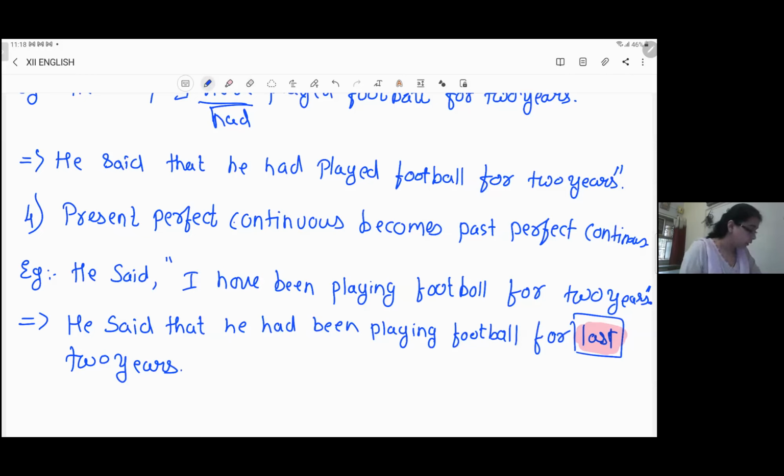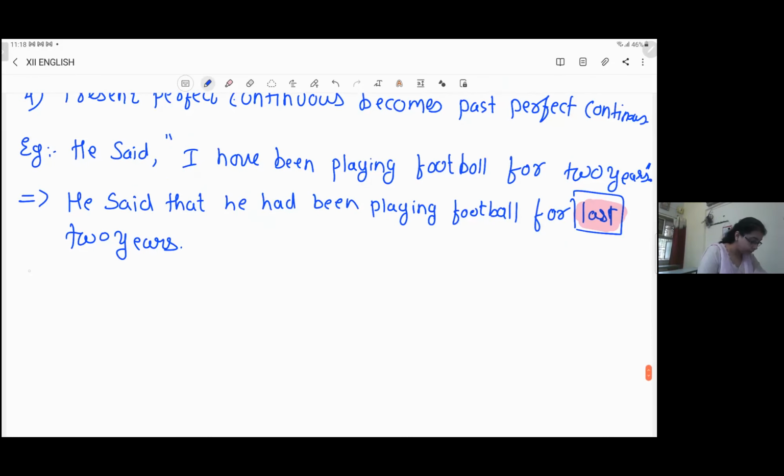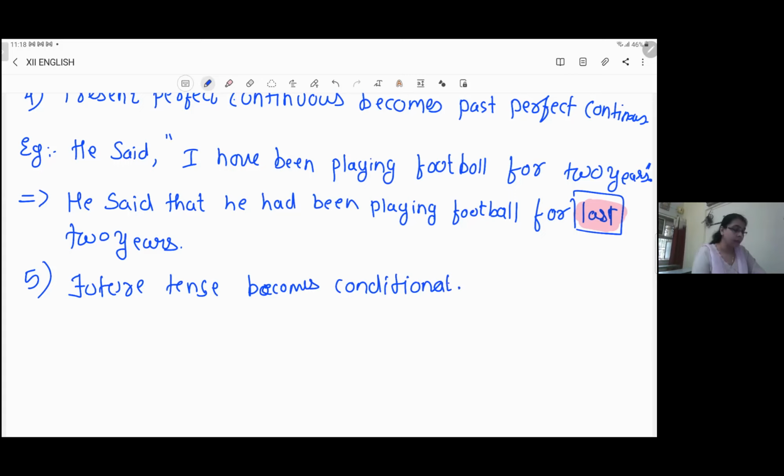Now, fifth, you are writing future tense becomes conditional. Clear? Now, write the example.